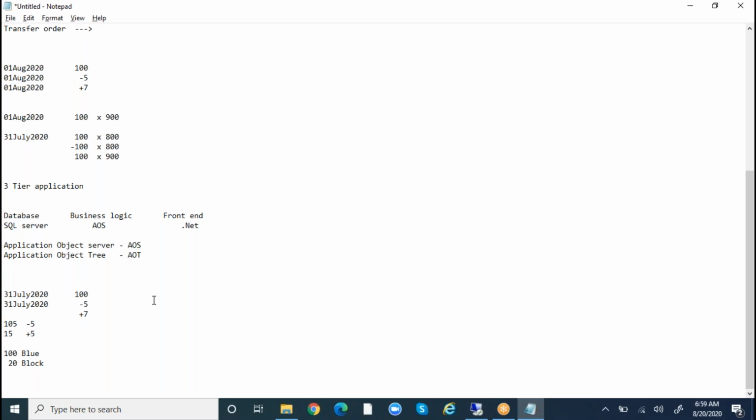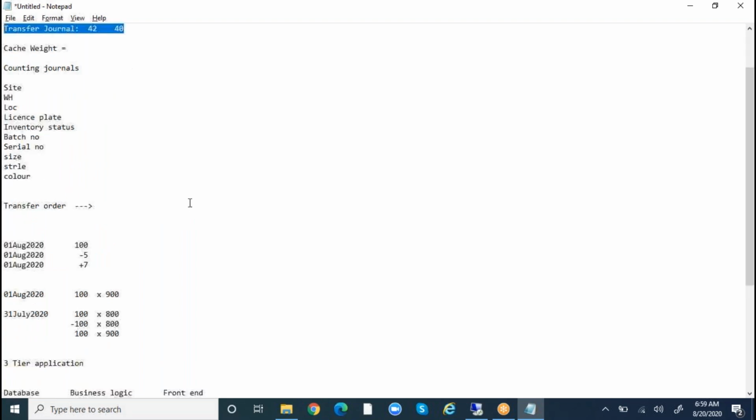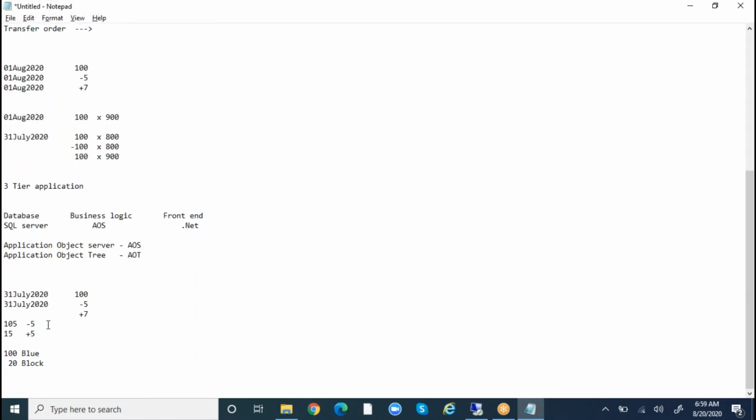This can be done using this transfer journal. So you are decreasing this blue and you are increasing black, then it will become equal. So system and physical stock, I need to tally every time. That is the reason we are changing this. Understood? So practically tomorrow I will show you this change of transfer journal.